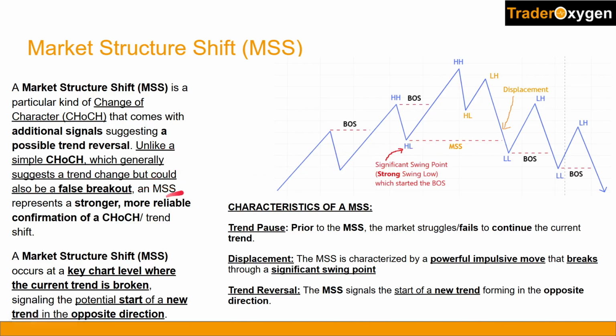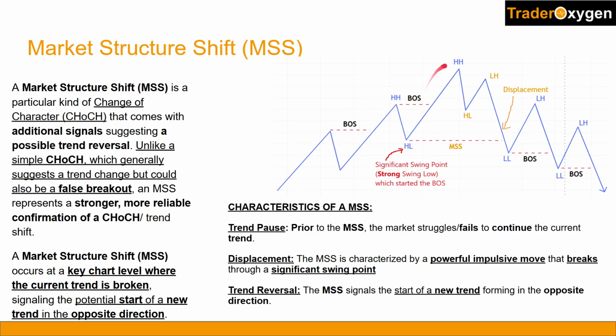However, a market structure shift is a stronger, more reliable confirmation of a change of character because it has some additional characteristics. So market structure shift occurs at a key chart level where the current trend is broken. Now you can see the current trend is an uptrend and this is a significant key level which made the break of structure. So it's a strong key level because it made the break of structure to happen.